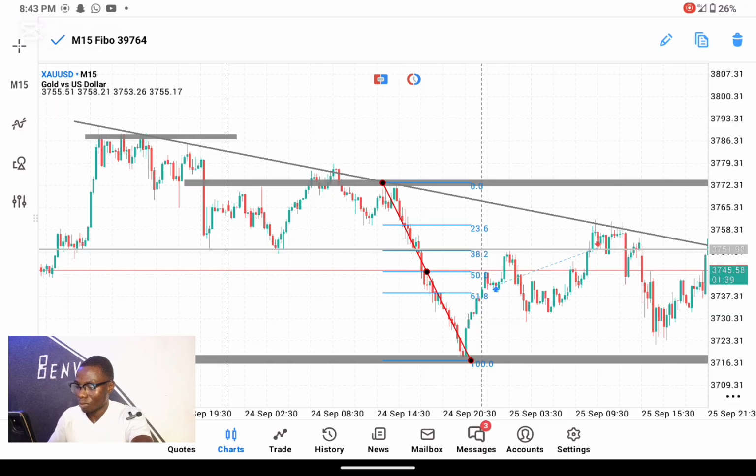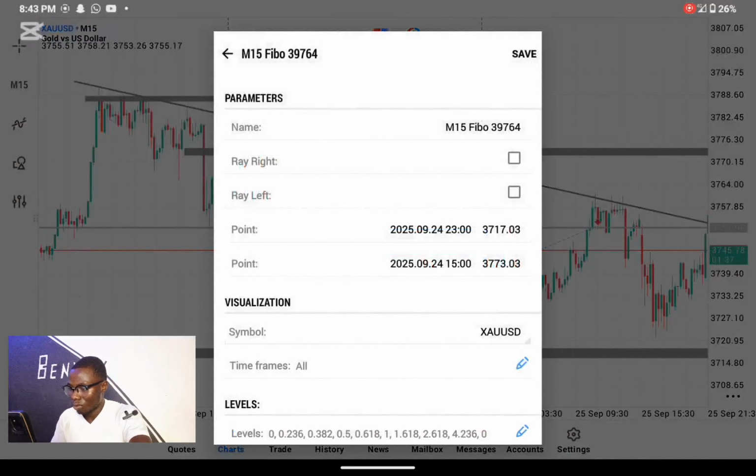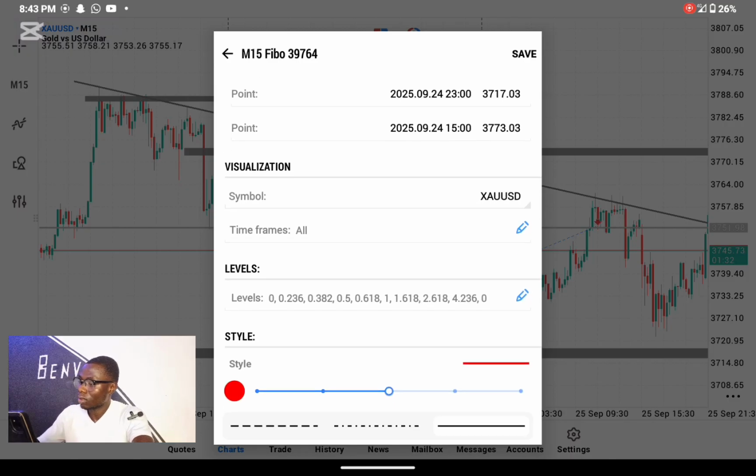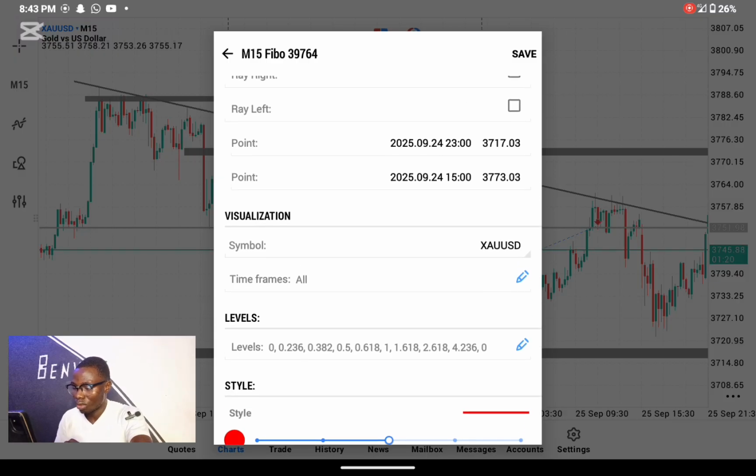So now see the one that looks like a pen, press it, then increase your line style however you want. But me, I put mine as 3. Then I change it from dotted.